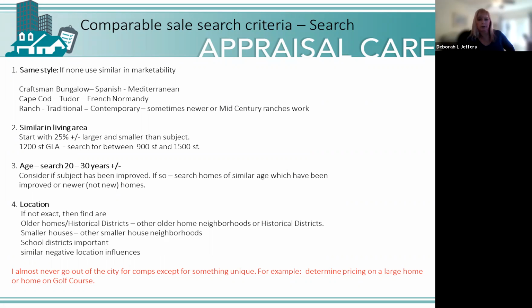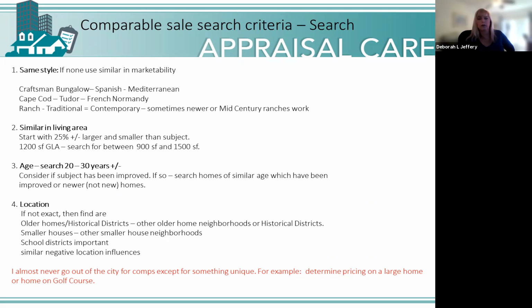Okay, so we already talked about the square footage range that I pull when I'm doing my comp search. And then age. A lot of times I don't really fine tune. I don't really put the age range in there unless, like I was talking about before, let's say it's a newer property. I might just want to put in my search criteria what age homes, just so I can see where the new homes are in this city. Are there any new homes that I can compare this to?